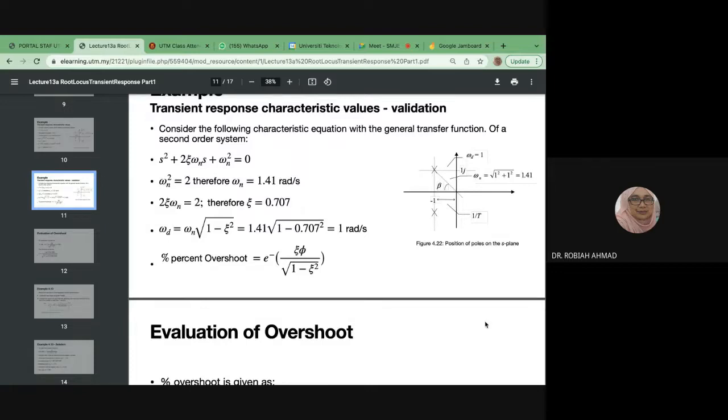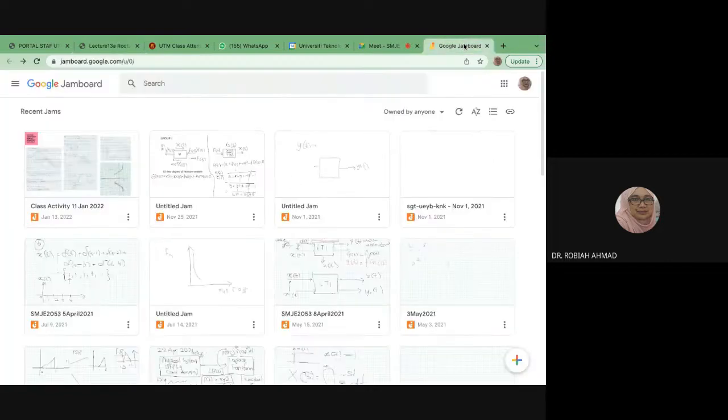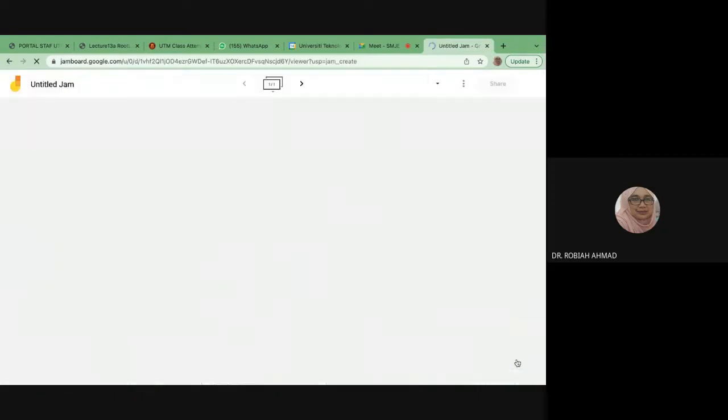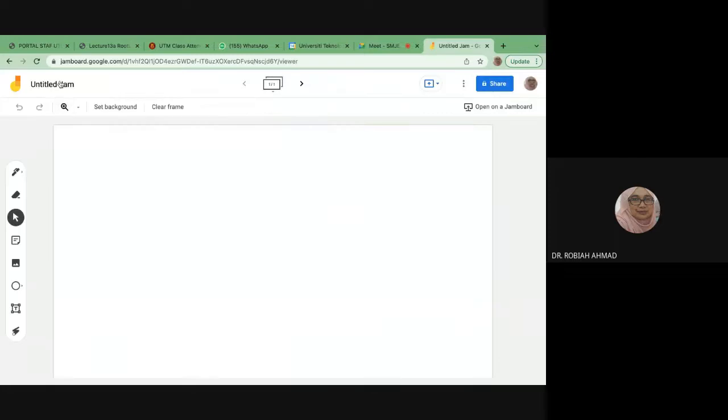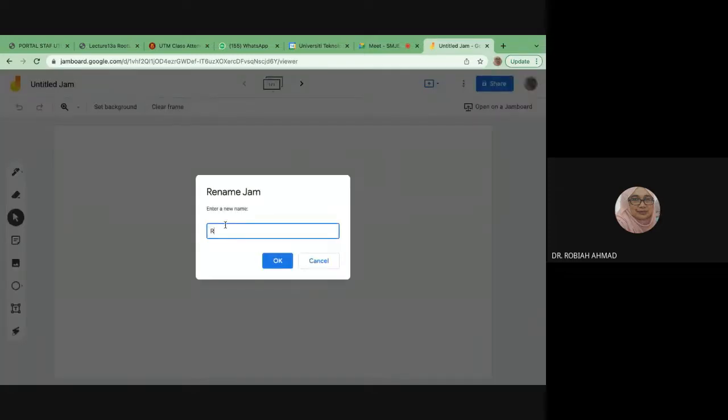So I give you about 15 minutes, is that enough for the root locus? And then I will open the Jamboard and give the link in the WhatsApp group. So please go to the Jamboard. Okay, I'll do it now. The name is root locus and transient.